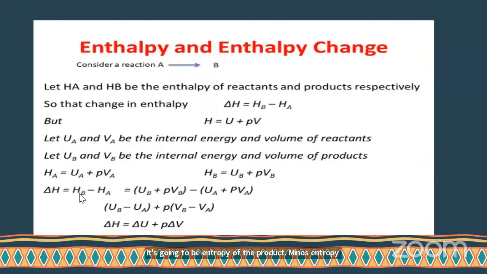And remember that the enthalpy involves the internal energy and the volume at constant pressure. That's why you're seeing this P. The P here shows that it's at constant what?